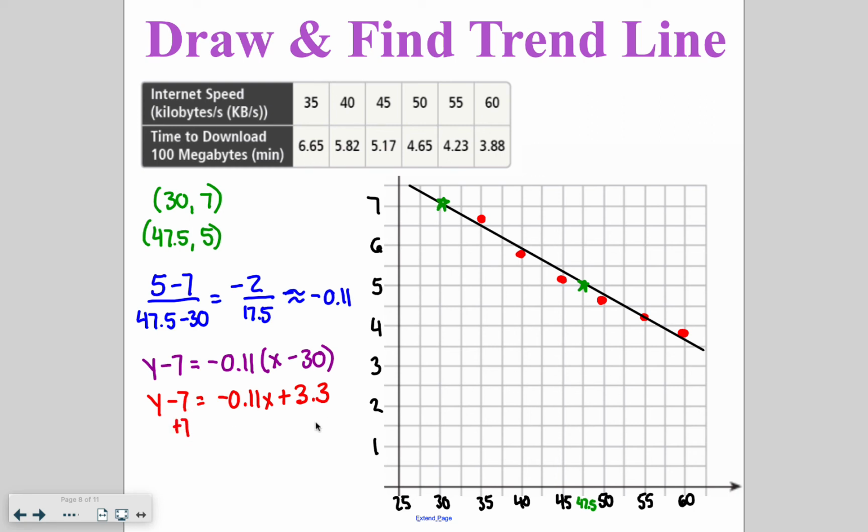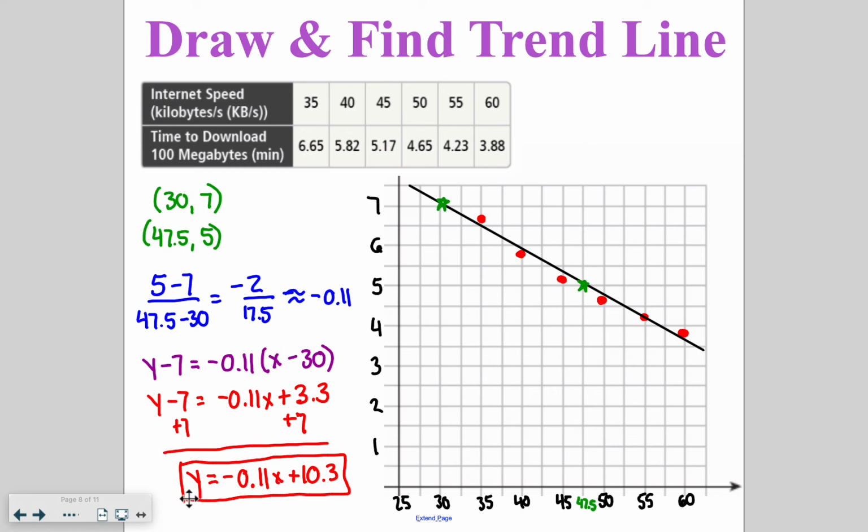And I'm going to finish by adding 7 to both sides, giving me a slope-intercept equation of y is equal to negative 0.11x plus 10.3. Once again, this is not the only line of fit that could go through this data, but all of the lines would be very close to this value.